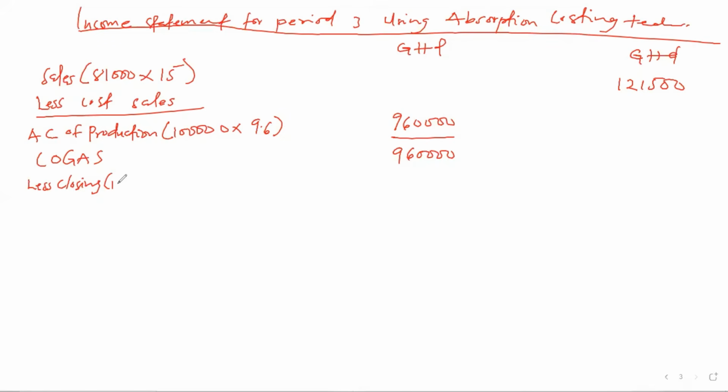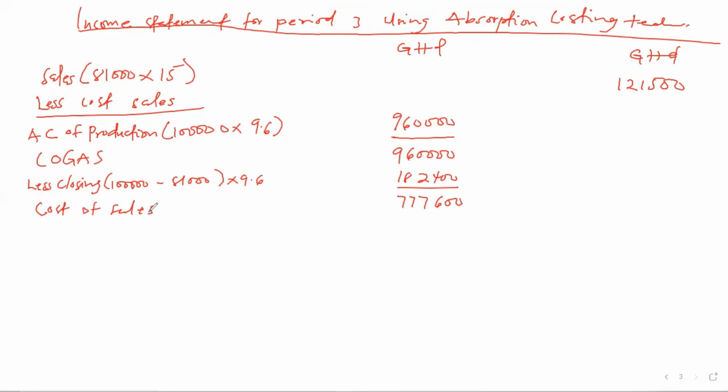So 100,000 minus 81,000 by 9.6. So when you do this, you get 182,400. And you get 777,600. And that is what we call the cost of sales.